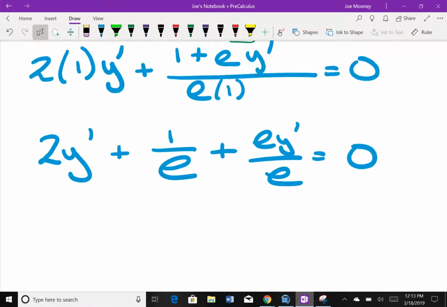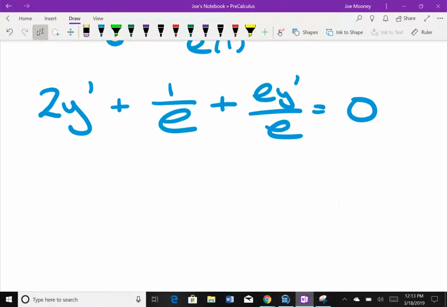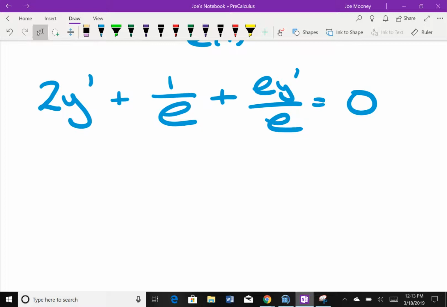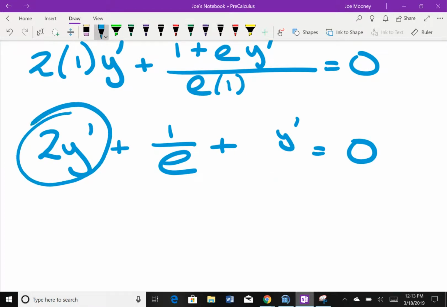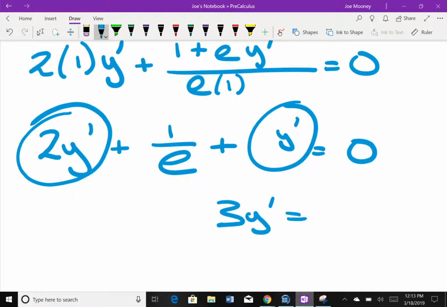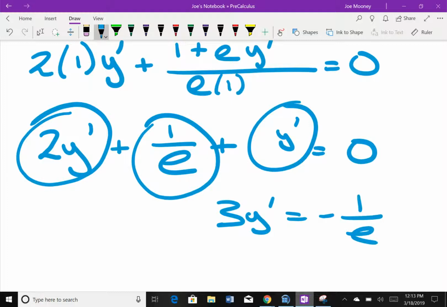Let's isolate all of my stuff here. So I've got 2 y primes and a single y prime. When I add those together, that's 3 y primes. And I have a 1 over e, which I need to get rid of, so negative 1 over e.